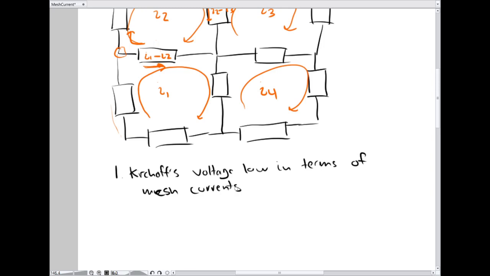And just like how we were writing down a current law in terms of voltages, so we needed to use Ohm's law, we're writing down a voltage law in terms of current, so we need to use Ohm's law. Except this time, instead of dividing by resistance, we multiply by resistance, because V equals I times R. And then we solve the mesh equations for the mesh currents.